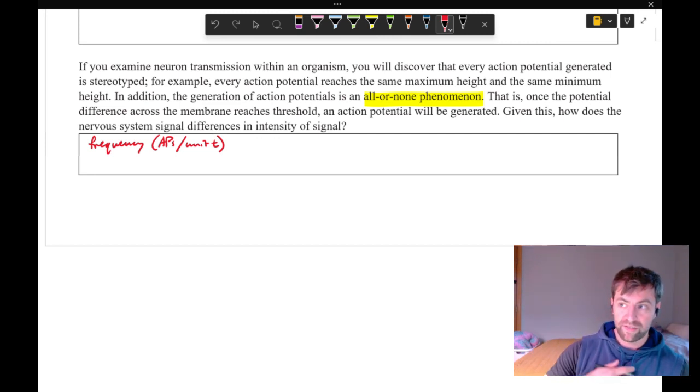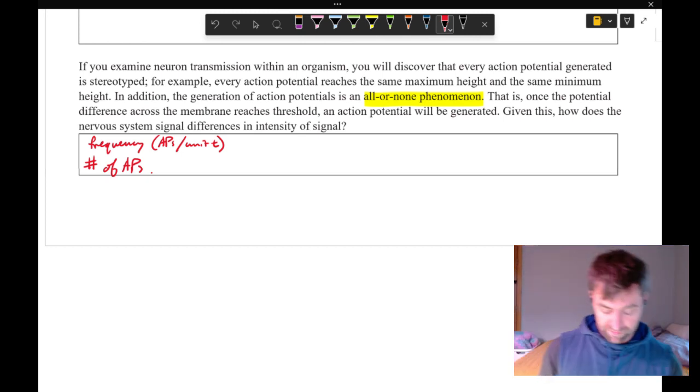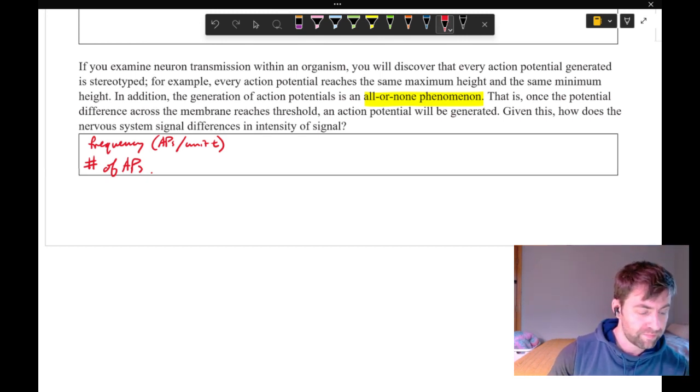You can also increase the number of action potentials and sum them together. So more action potentials summed together, higher intensity, fewer action potentials, lower intensity. So frequency, number of action potentials per unit time.